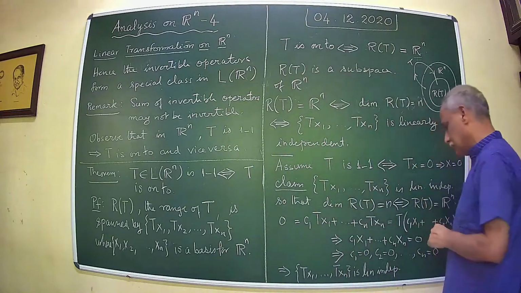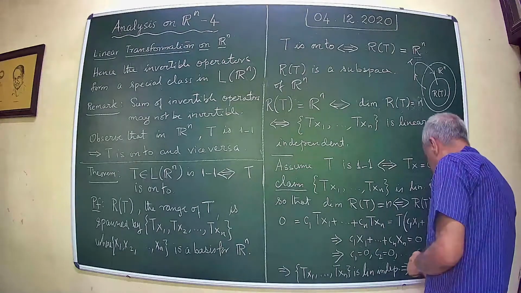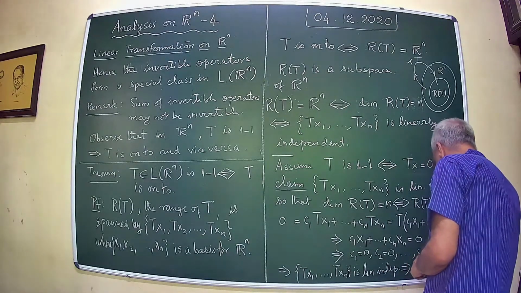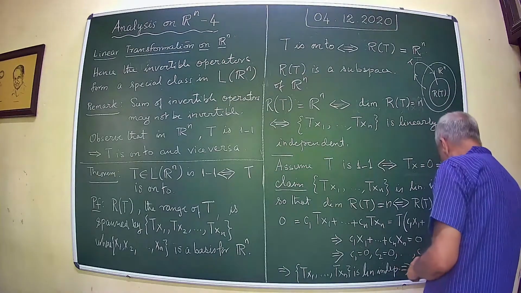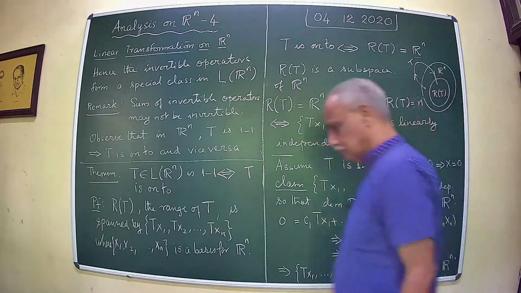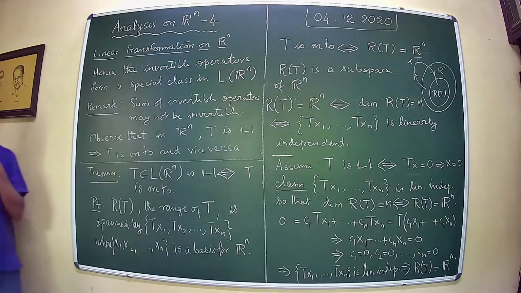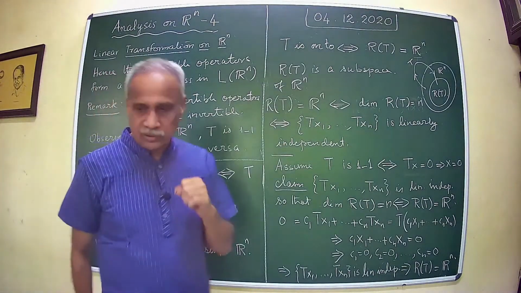Therefore, RT is equal to Rn. Okay. So T is onto.